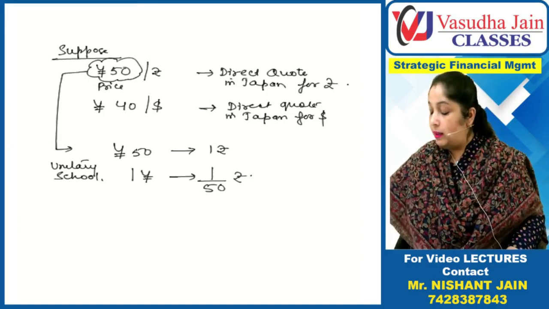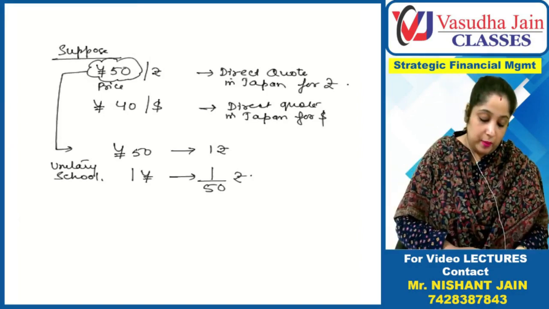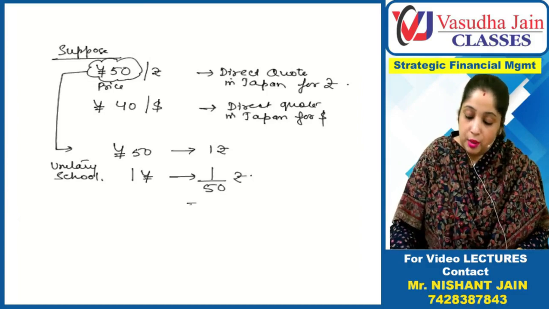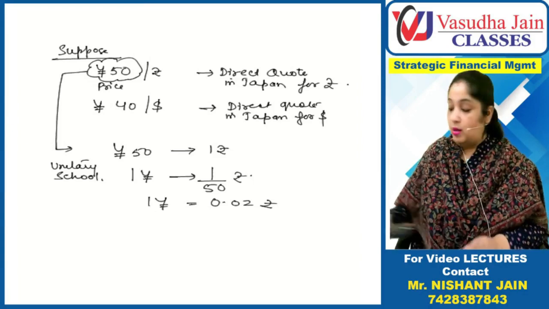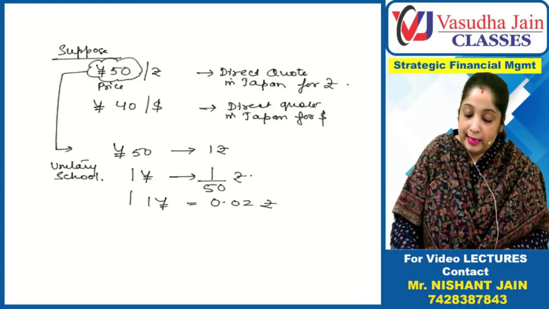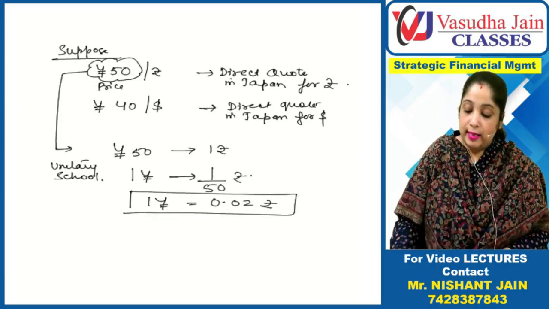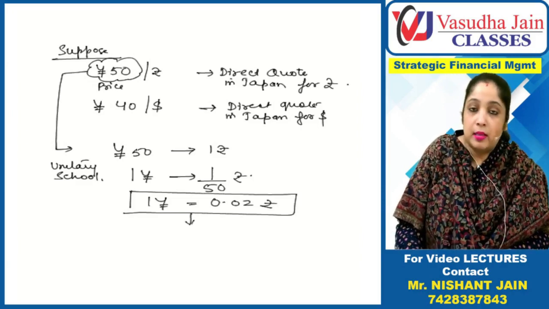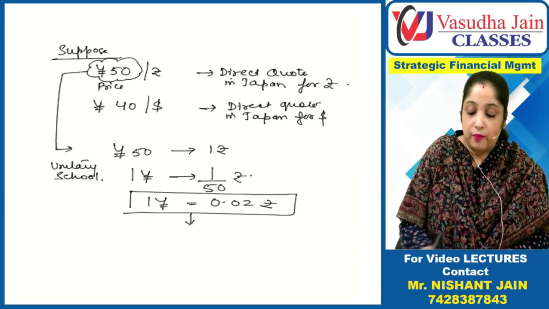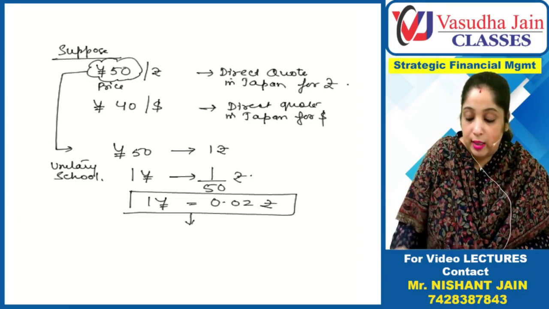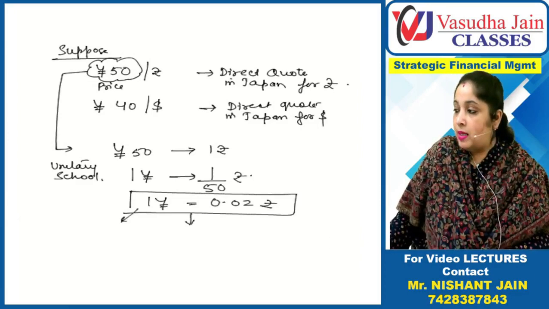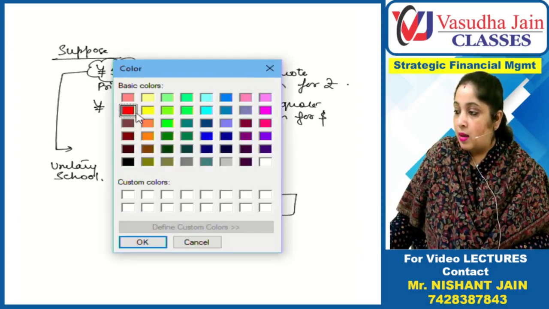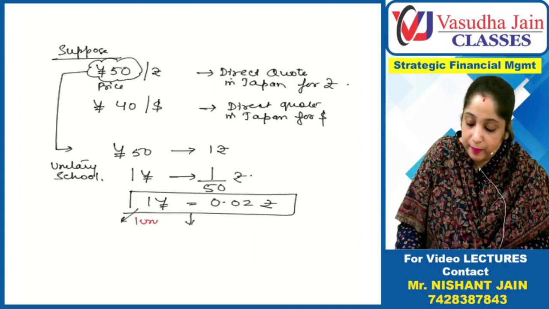If I use a calculator, I can compute this. It is coming out to be 1 divided by 50, which is 0.02 rupees for 1 yen. Now let us write this as a quotation. This is a rate. 1 yen will cost this much. Now 1 yen has become the commodity because it is expressed in 1 unit.